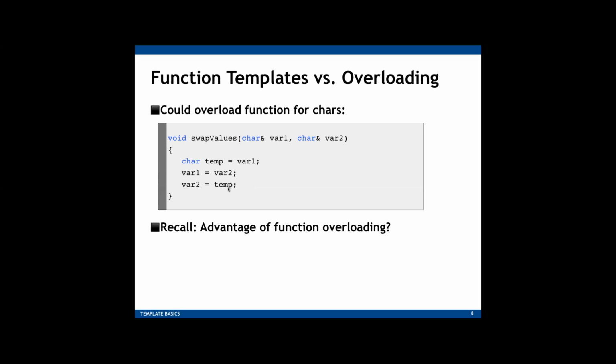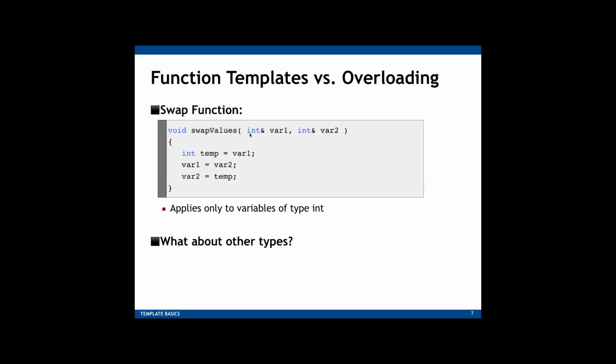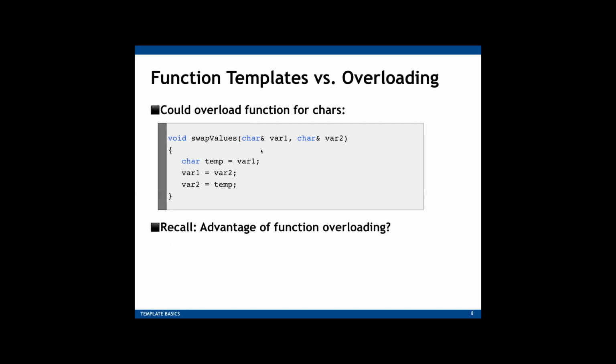So this is the advantage of using function overloading. We learned function overloading before. By overloading functions, now the swap values function can work with both int types and character types.